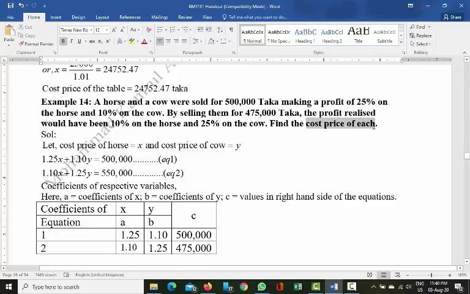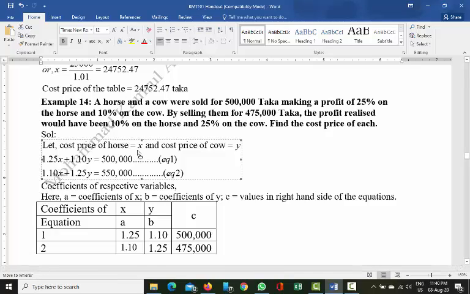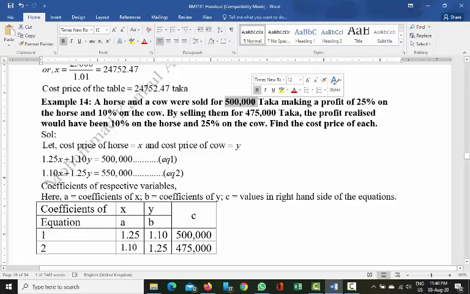So find the cost price of the horse and the cost price of the cow. For example, let the cost price of the horse be X and the cost price of the cow be Y. So if you sell at 5 lakh taka, you make a profit of 25% on the horse. 25% on the horse means if the price of the horse is 1 taka, you will make a profit of 0.25 taka.